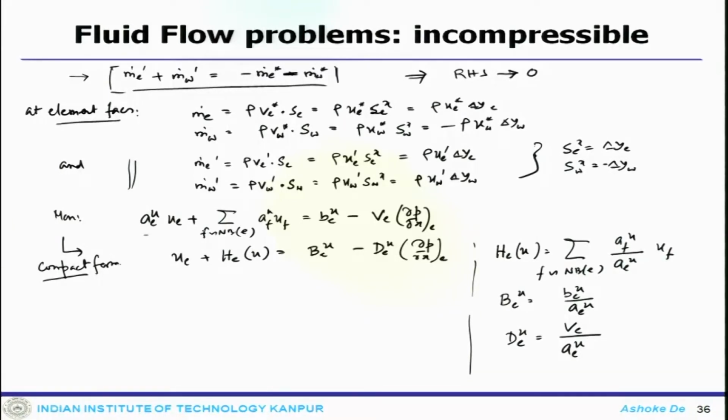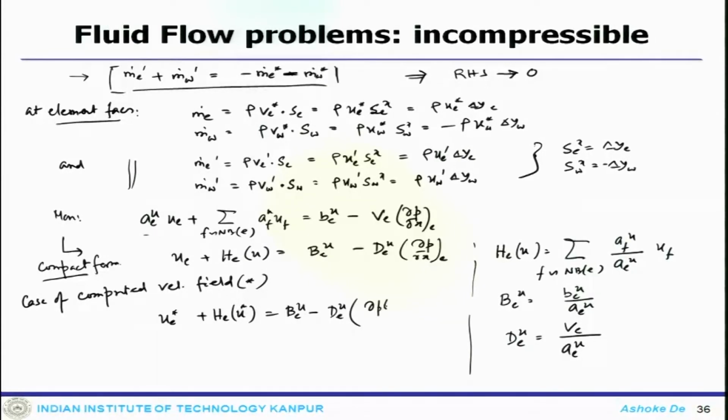Now, for the computed velocity field, which is the star value, one can write u star plus HEU star equals BU minus DU del Pn by del X at E. What one can do is subtract this equation from the previous one.